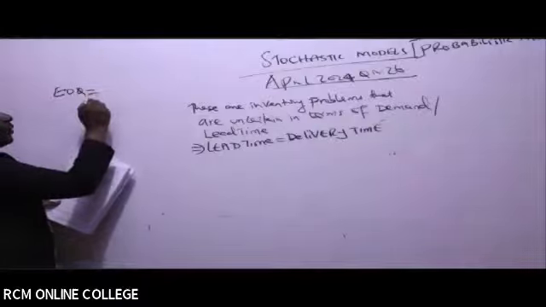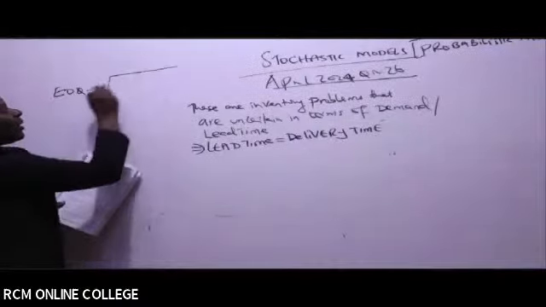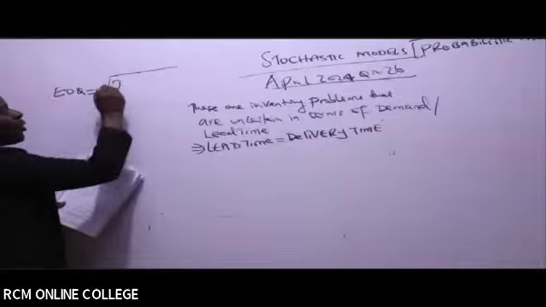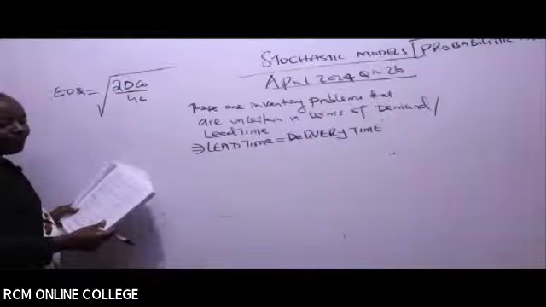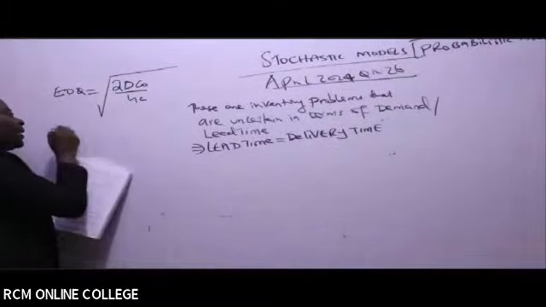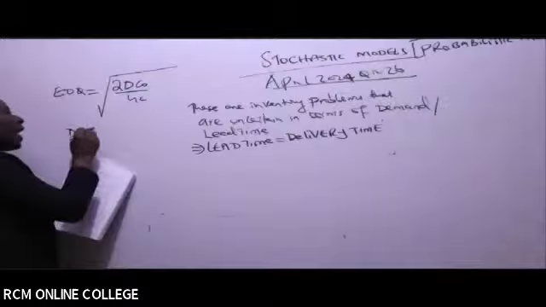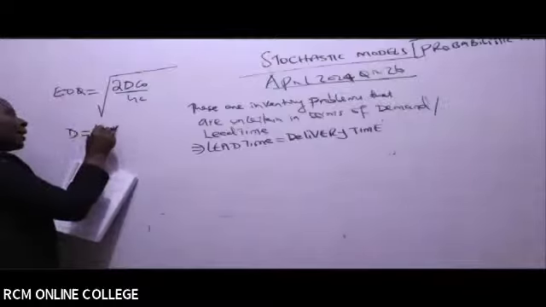I may forget about everything, but I will always remember that there's a square root. So it is square root of 2DCO over HC. Now, ladies and gentlemen, remember that this D is annual demand.